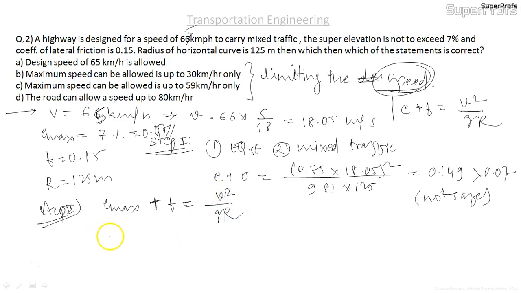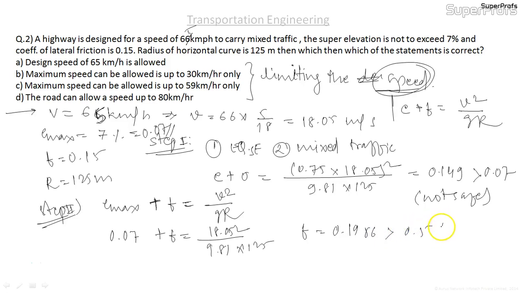Emax is 0.07 plus F equal to 18.05 square upon 9.81 into R is 125, which stands for F equal to 0.1956, which is greater than 0.15, which is again not safe.